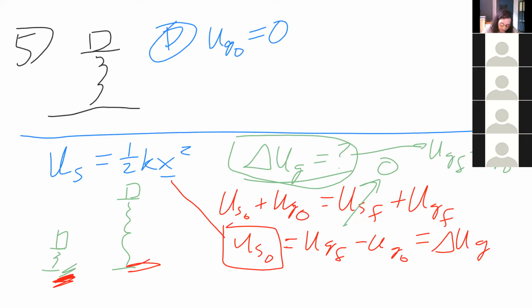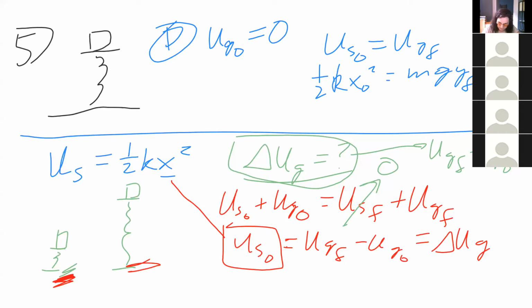And so in order to solve for the actual height, we use the relationship that the spring potential initial is equal to the gravitational potential final. That means that a half k x initial squared is equal to mg times y final. And then we go ahead and solve for our height.